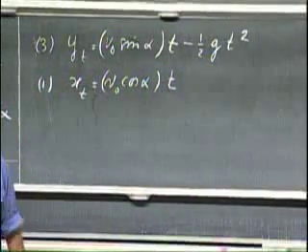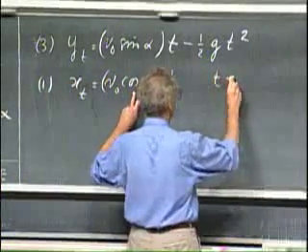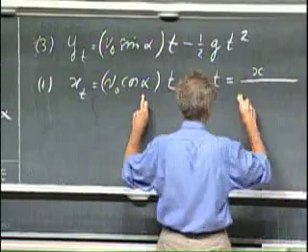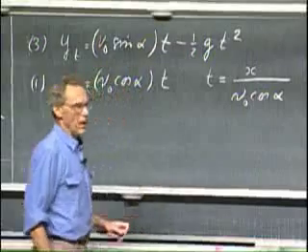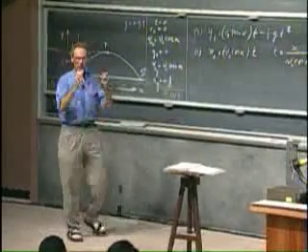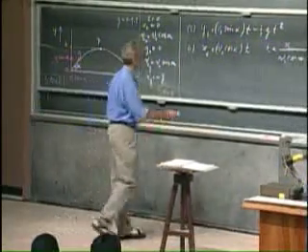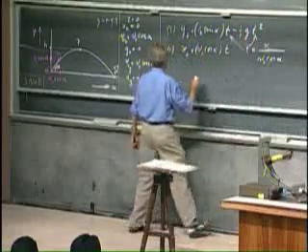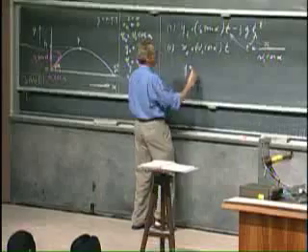Now I eliminate t, and the best way to do that is to write for t, x divided by v0 cosine alpha. Now I can drop all sub-indexes t, because we're now going to see y versus x. We're going to eliminate t. So this time here, I'm going to substitute in here and in there, and so I'm going to get y equals.